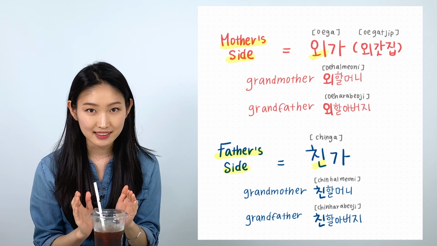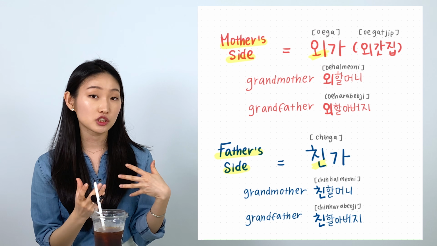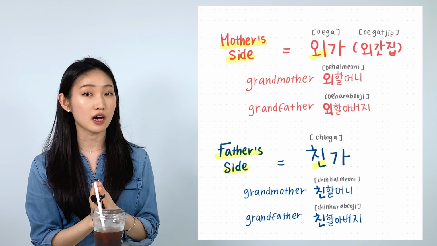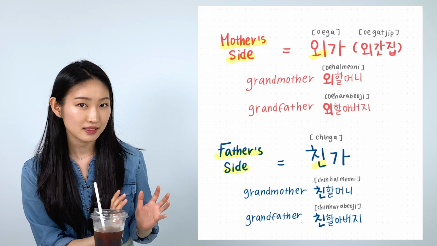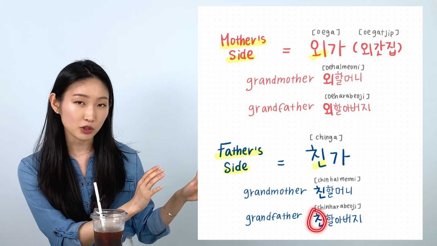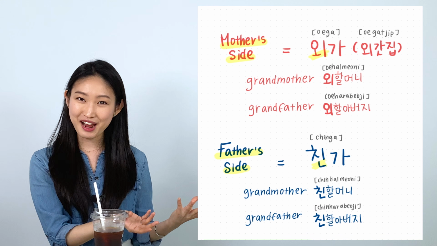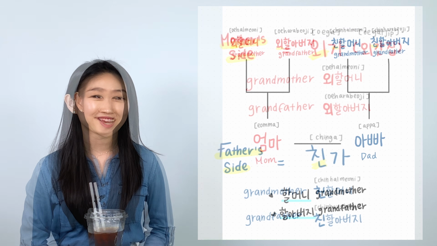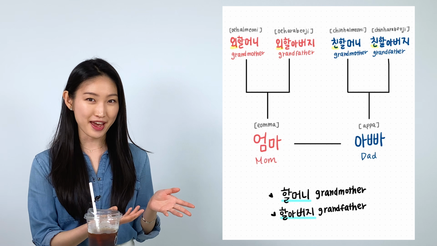Now, for the dad's side family, you would simply switch out the 외 for 친. So 할머니 would become 친할머니, your dad's side grandma, and 친할아버지, your dad's side grandpa. Not too hard, right? So now let's move on to the grandparents.